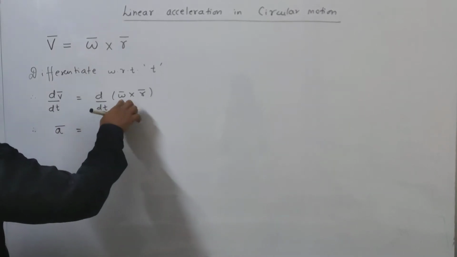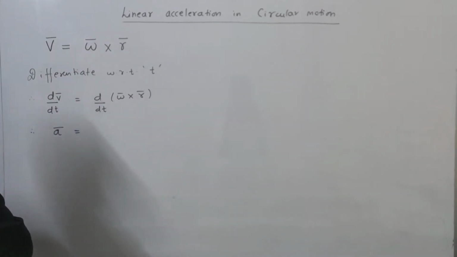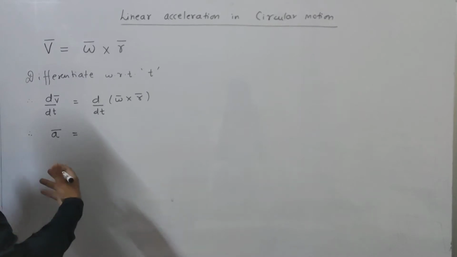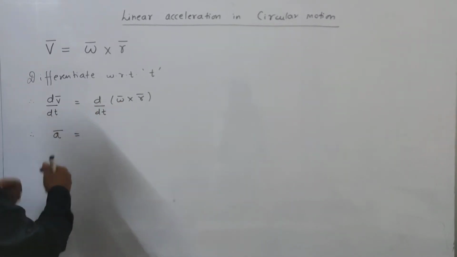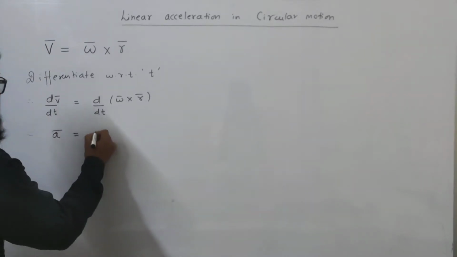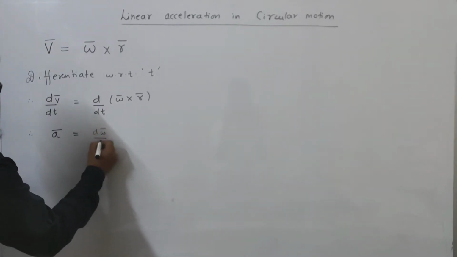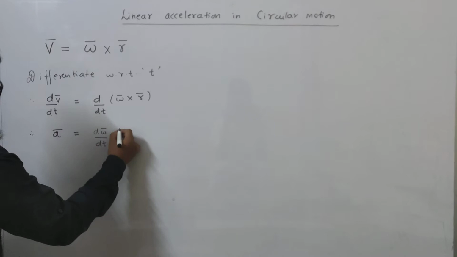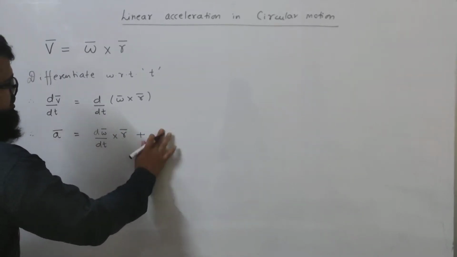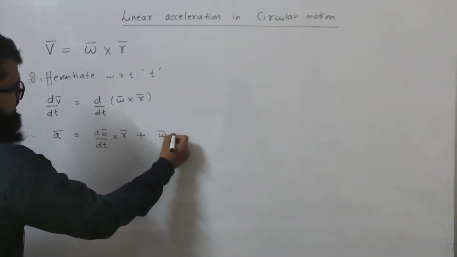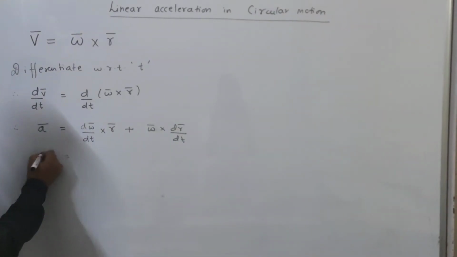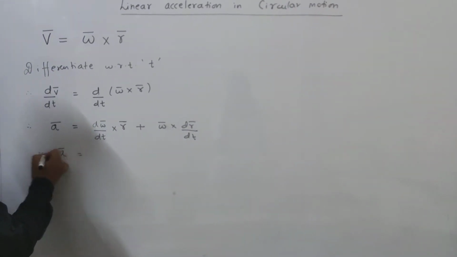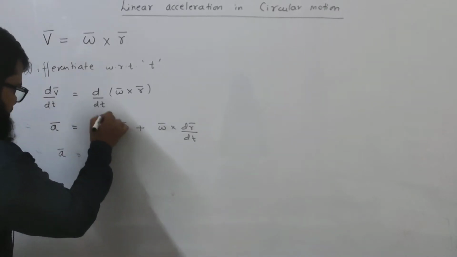And here you have two functions. So when you have to differentiate two functions which are product of each other, you will use the UV rule, which states that first you differentiate one of them and then you differentiate the other in a particular order. So therefore you will get a bar equals, what is d omega bar by dt?